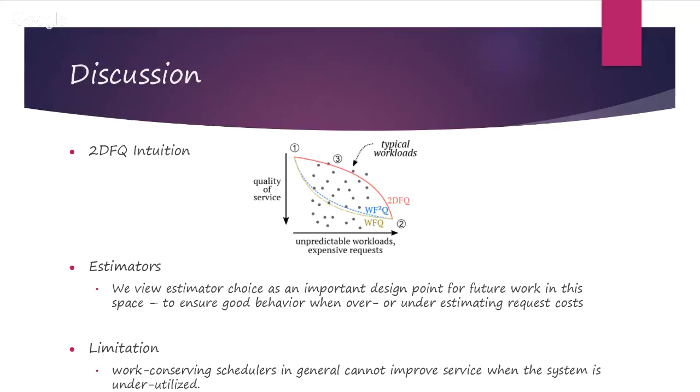Any subsequent burst of small requests would have to wait for the expensive requests to finish. This behavior occurs under two-dimensional fair queuing and all non-preemptive schedulers, and it will create a large delay for the small requests.